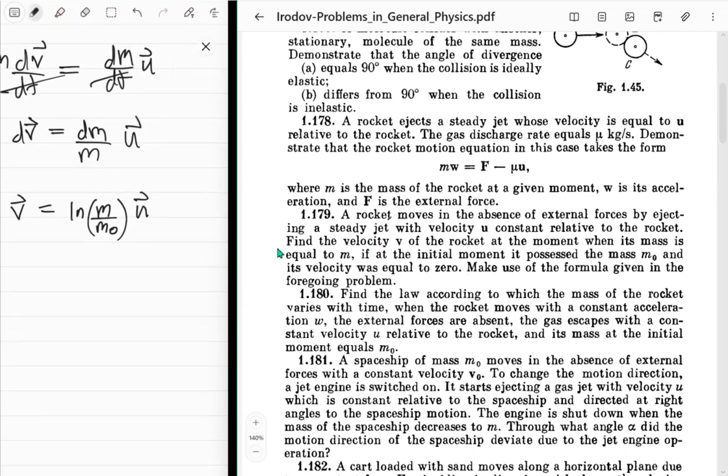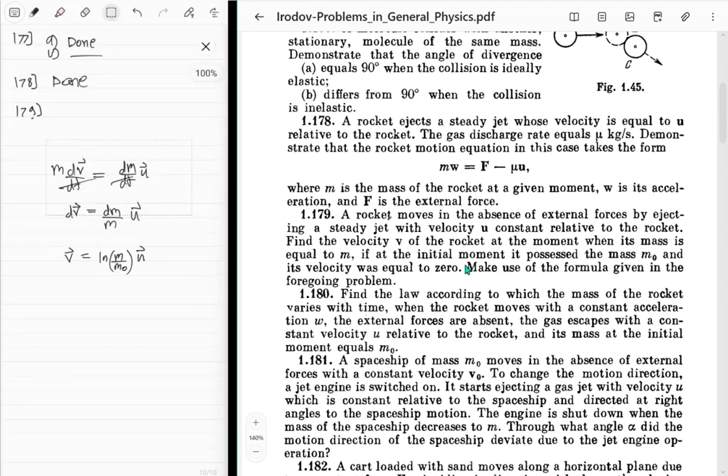And m is going to be less than m naught, so this whole thing is a negative quantity, but then u vector is opposite to v vector, so that negative makes it positive, and it works out, right? So we got the velocity. Wow, this formula is so useful. I mean, only when they give us the relative velocity as a constant, but it's useful in this particular condition, so it works.